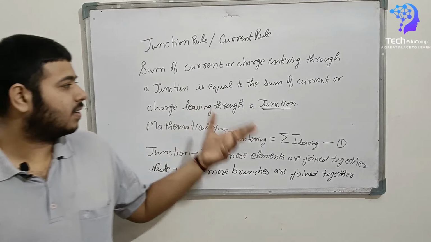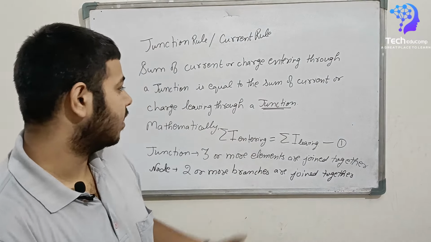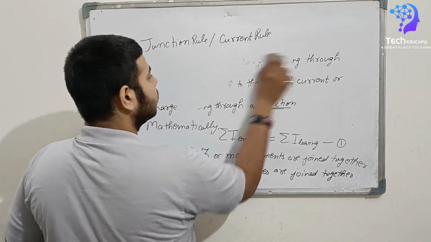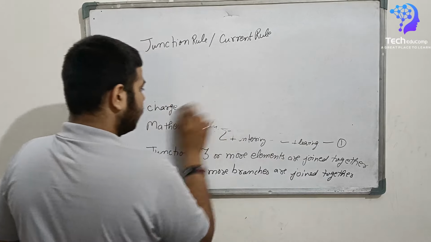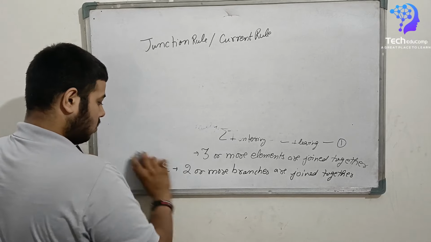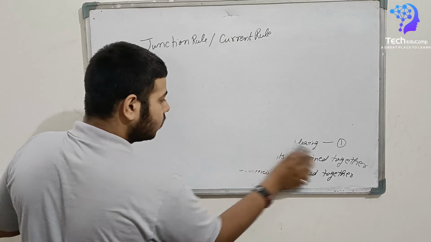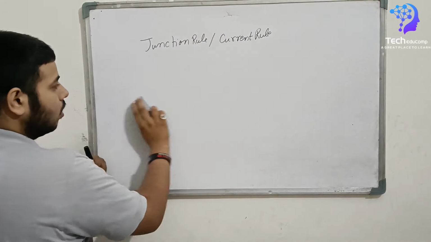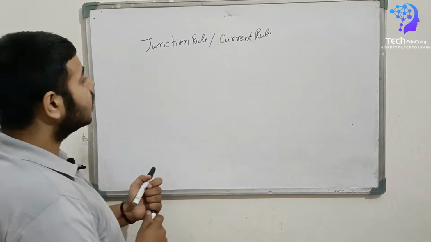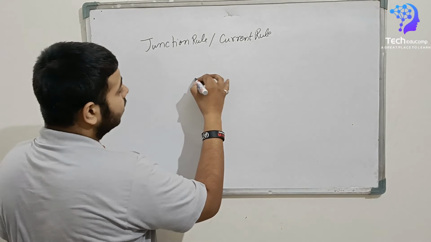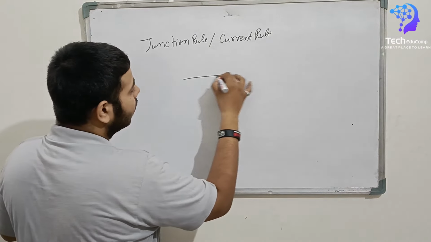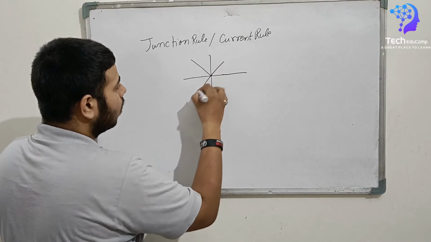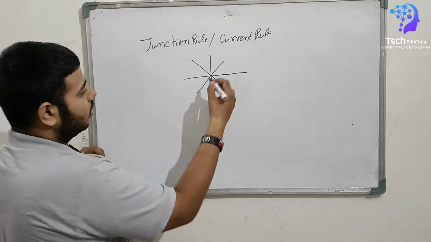So let's see a small example to explain this. Consider a small circuit, or you can say it's not a circuit, it's simple branches, like a path.